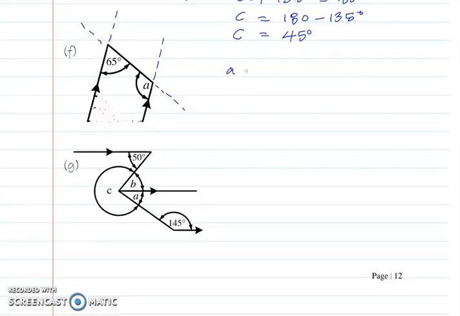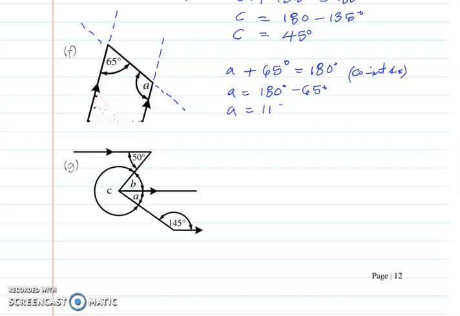A plus 65 is equal to 180 degrees. They are co-interior angles. Then A would be equal to 180 minus 65. A would be equal to 115 degrees.